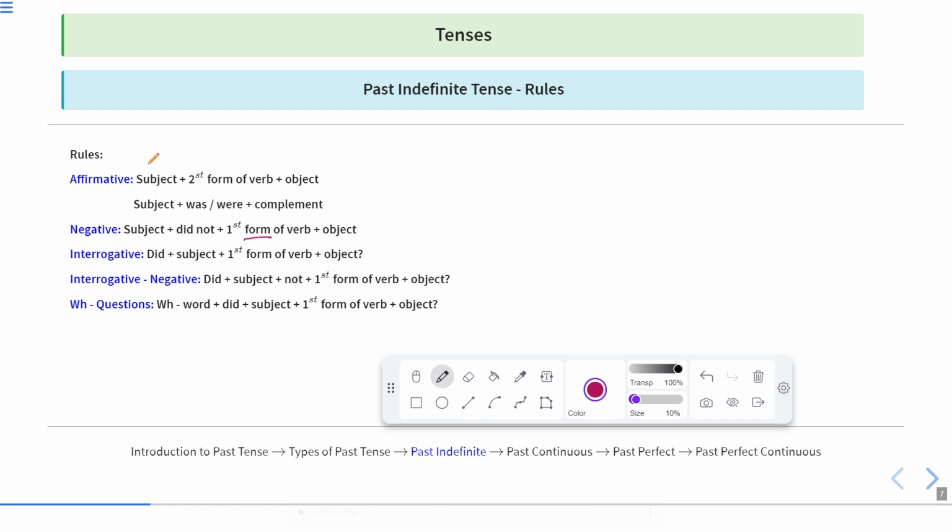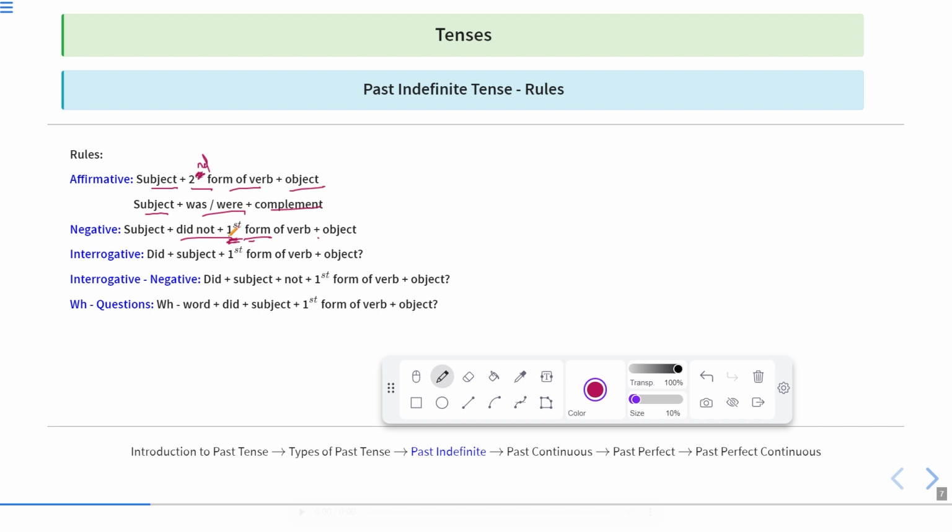Now if we talk about the affirmative sentence, here it is subject, then the second form of the verb, plus object. It is not first, it is second. We can also write subject plus was or were plus complement. Negative sentence: did not, then first form of verb.